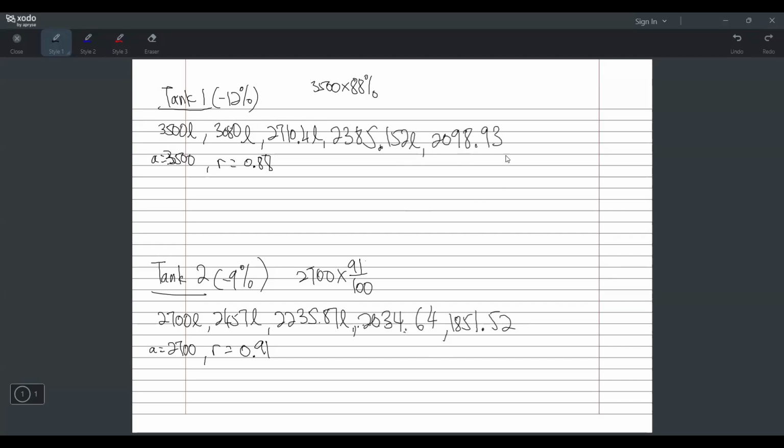Okay, still more than, so times 0.88 again. 1847.06. And then this one times with 0.91, right? 1851.52 times 0.91, so I get 1684.88. Okay, it's still more than.